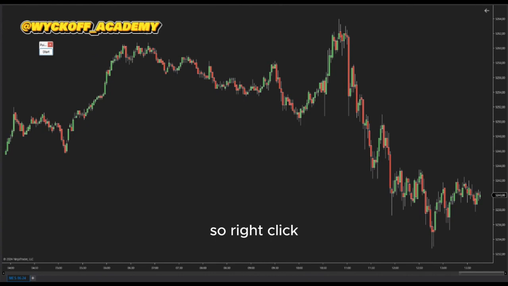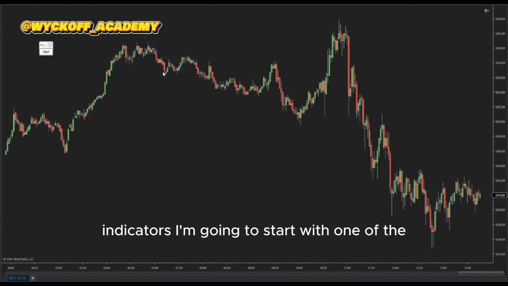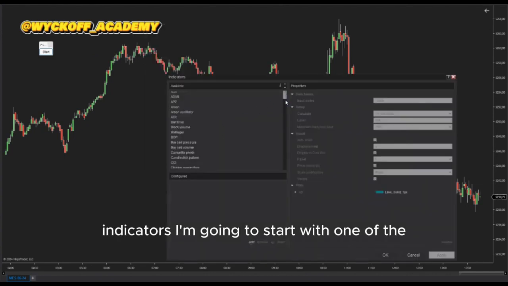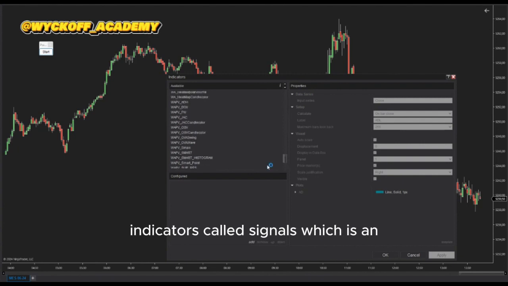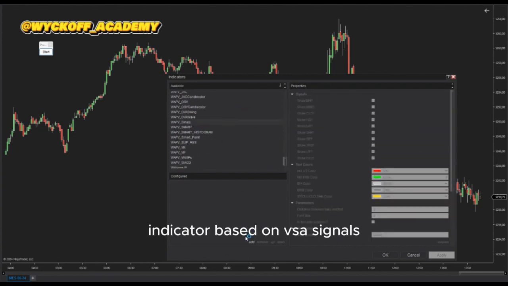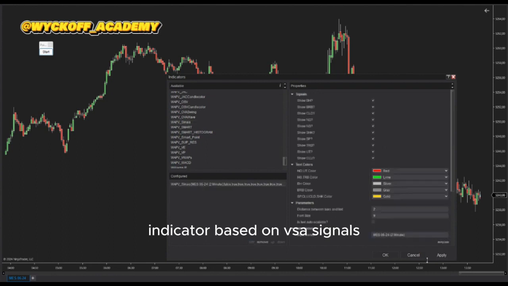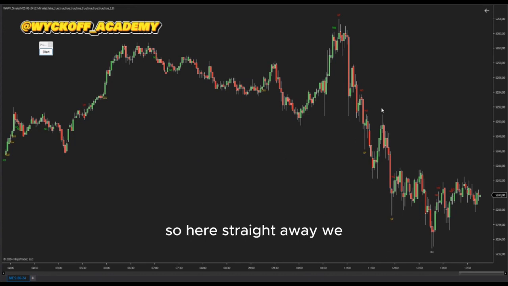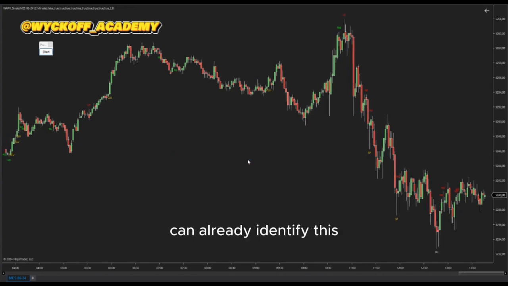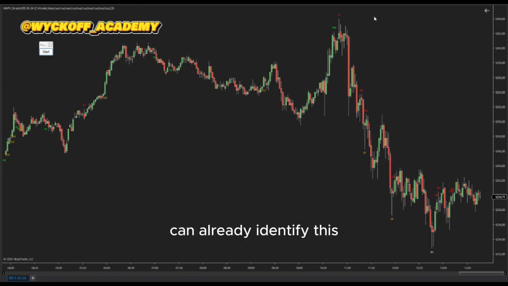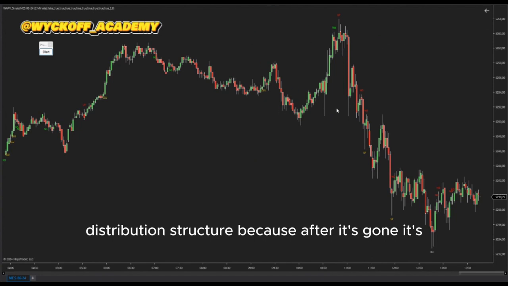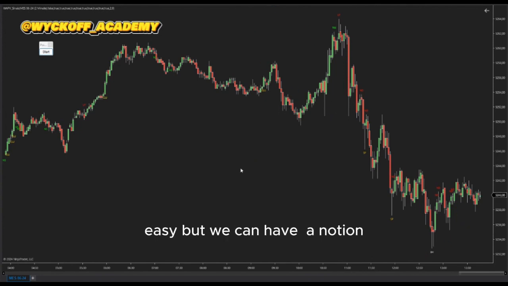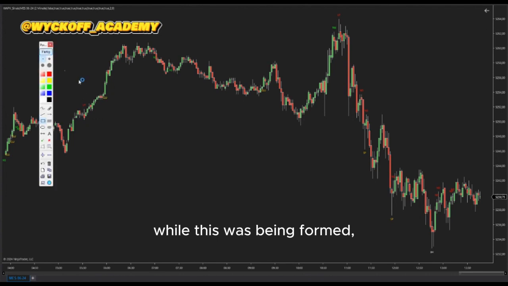So right click, indicators. I'm going to start with one of the indicators called signals, which is an indicator based on VSA signals. So here straight away we can already identify this distribution structure, because after it's gone it's easy, but we can have a notion while this was being formed.